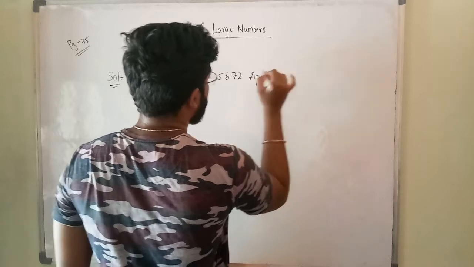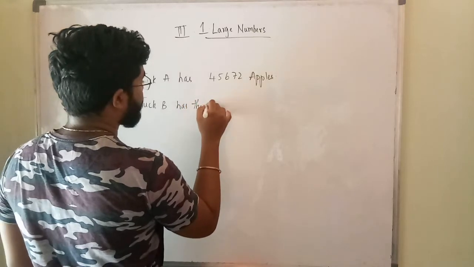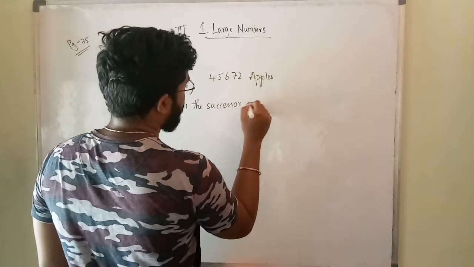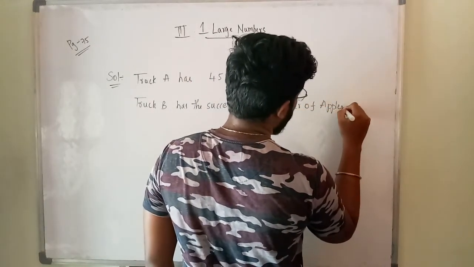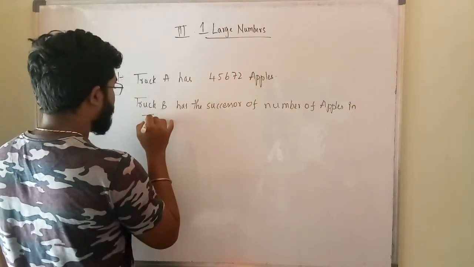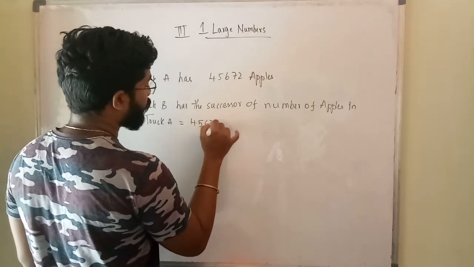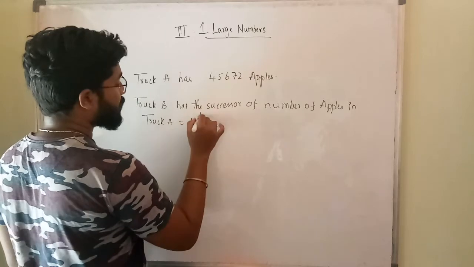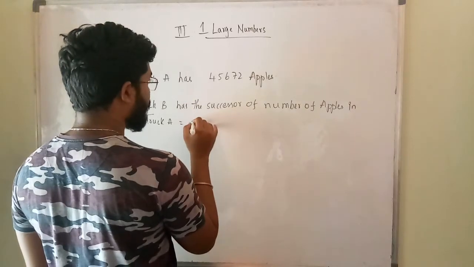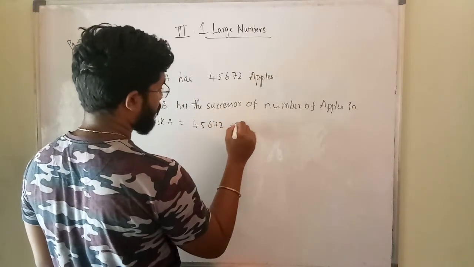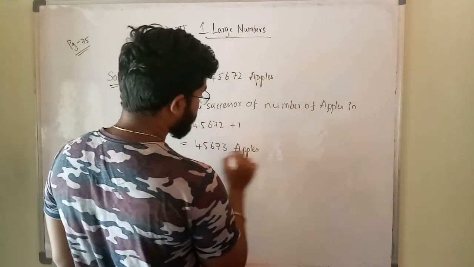Truck B has the successor of the number of apples in truck A, that is equal to 45672 is the number of apples in truck A. B will have what? Successor of the number of apples in truck A, that is 45672 plus 1, that is equal to 45673 apples.